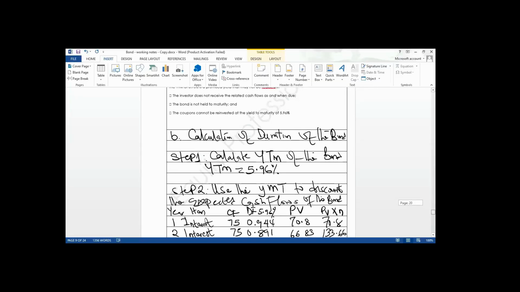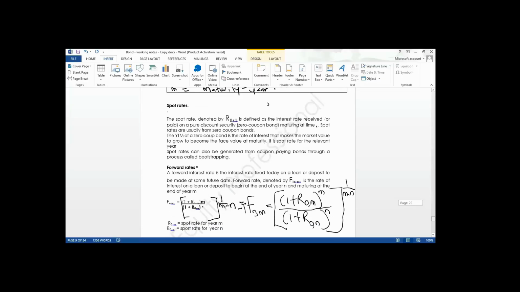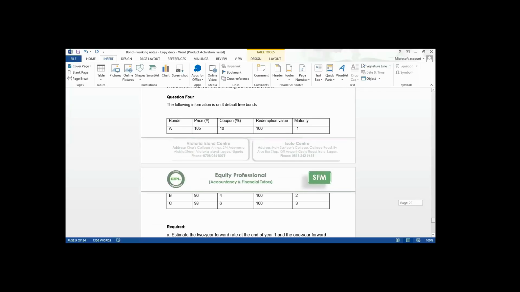That question 5 was on page 105. Question 6 is also on page 105. All right, here's the question. Question 6, page 105. All right, we go to the question quickly.